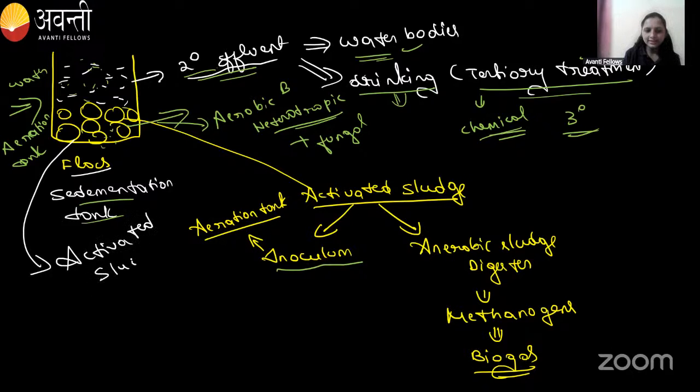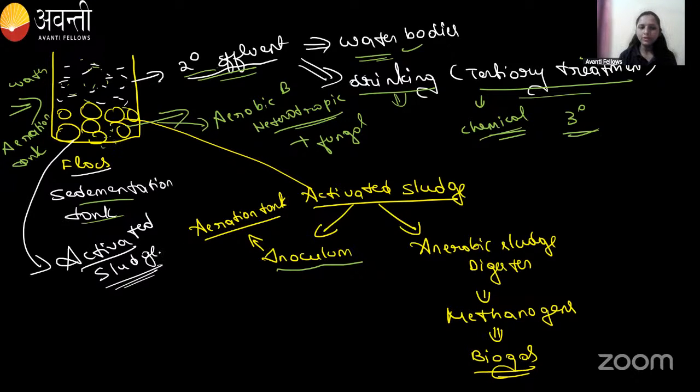Activated sludge, kindly make a note of this. The sludge after the secondary treatment or the biological treatment, we are going to call as activated sludge. There we studied primary sludge, right? This we call activated sludge, which mainly consists of flocs.